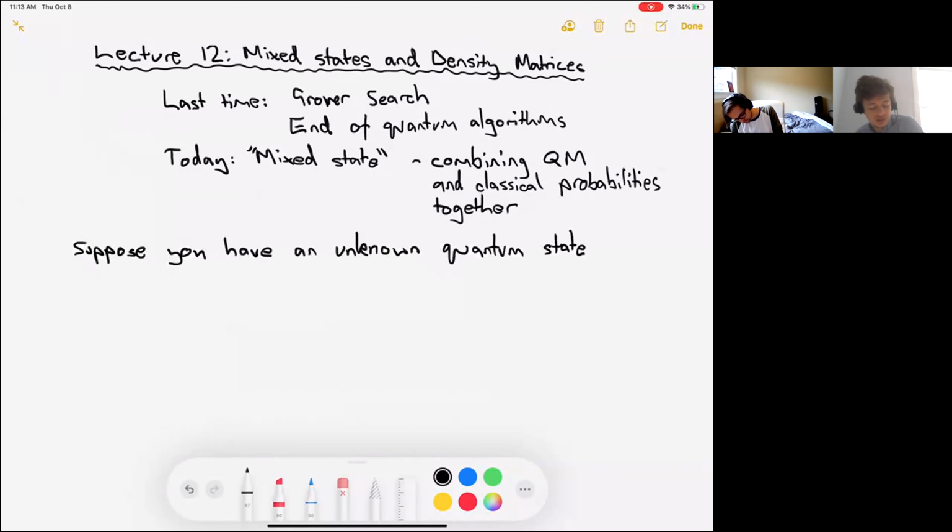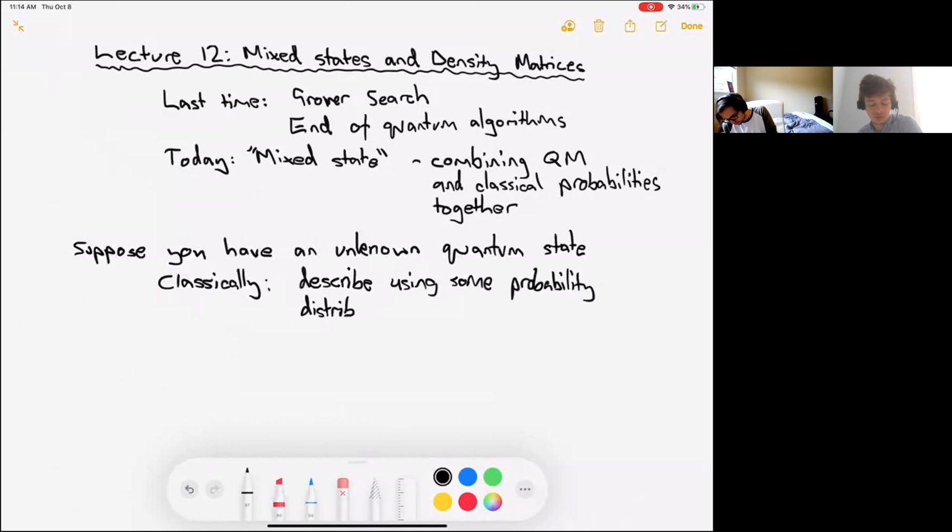If it was a classical state, we know the formalism we would need to use to describe our knowledge about it, which is we'd describe it using some probability distribution that describes how likely we think each possible state is.